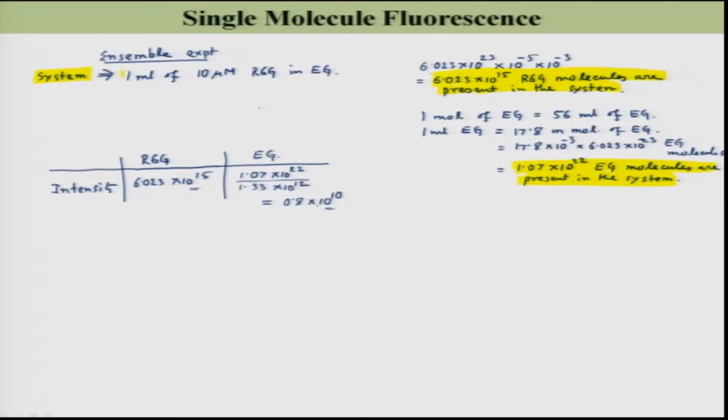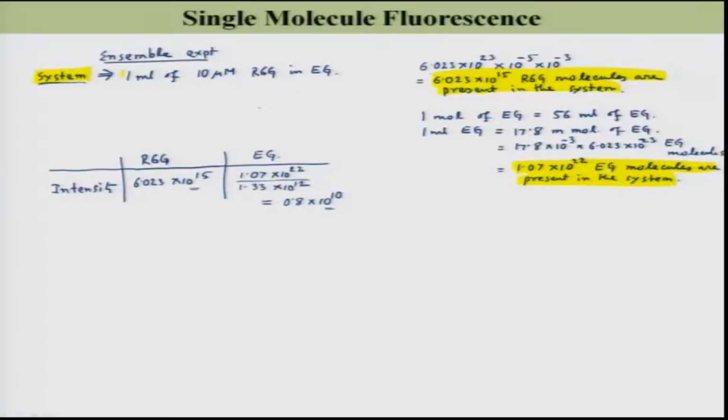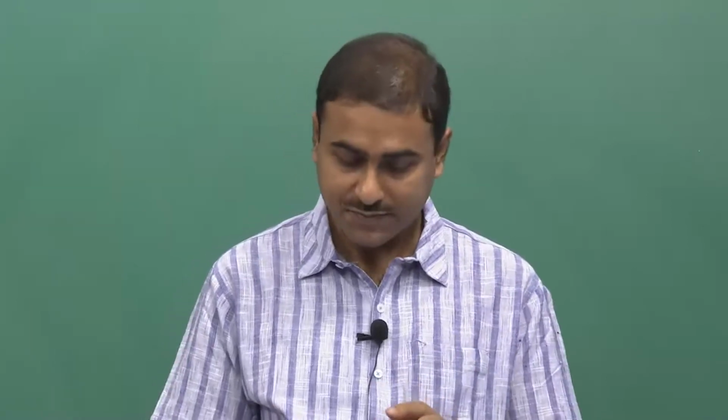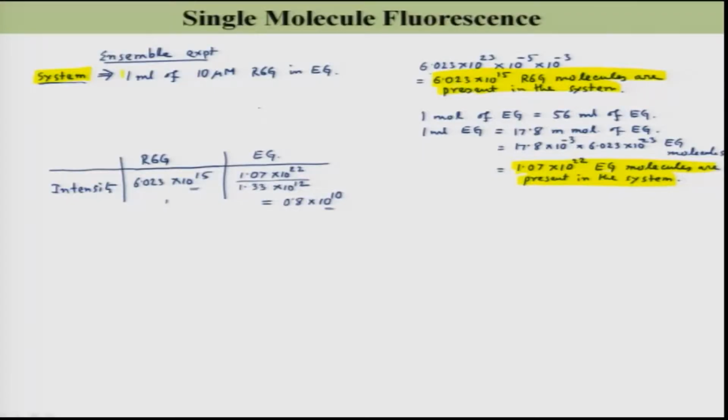compared to the intensity of rhodamine 6G. Now, if I consider such a case in this system, that is 10 micromolar rhodamine 6G in ethylene glycol, and I have taken 1 ml of such solution, then I can simply write this as 1. So, this emission intensity will be roughly 10 to the power minus 6.